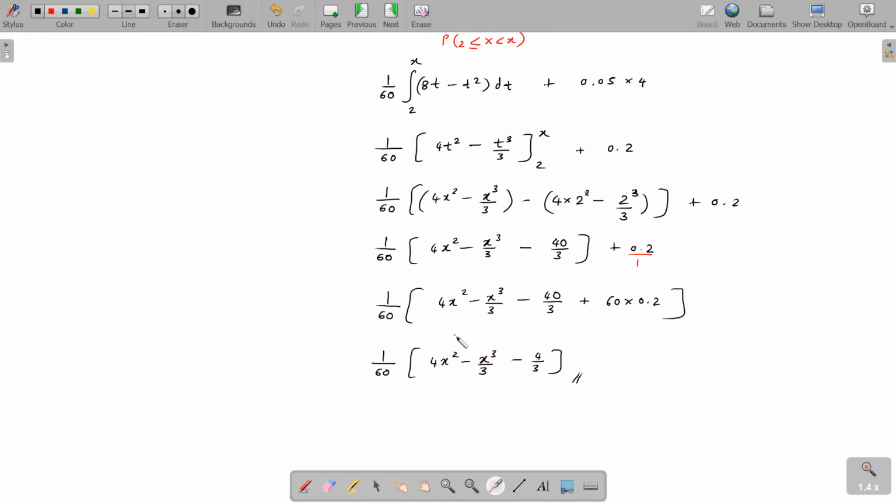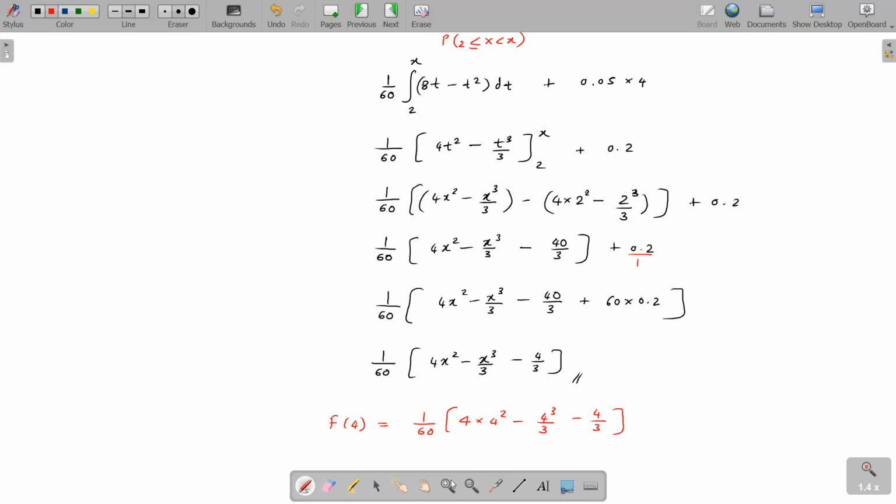I can easily get F(4) here, I just have to replace the x with 4 and it gives me the total area from 0 to 4.